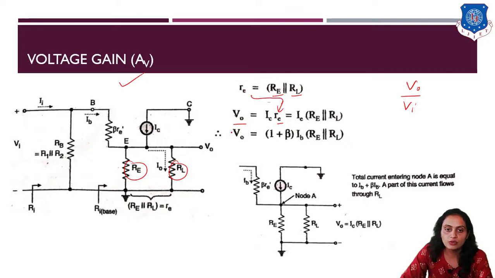So V output is equal to this, and in place of IE, I have written (1 plus beta) into IB. So this is the output voltage. The total current entering node A is equal to IB plus beta IB. A part of this current flows through RL.